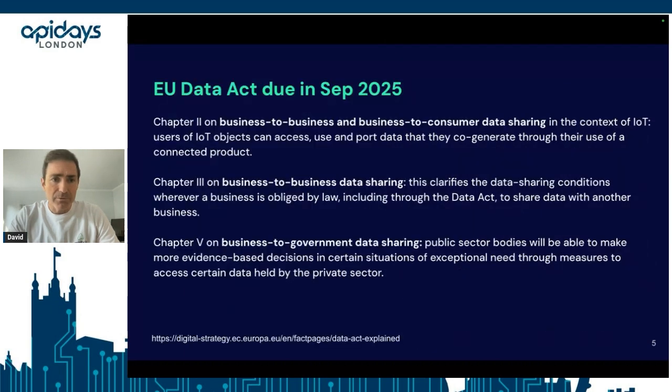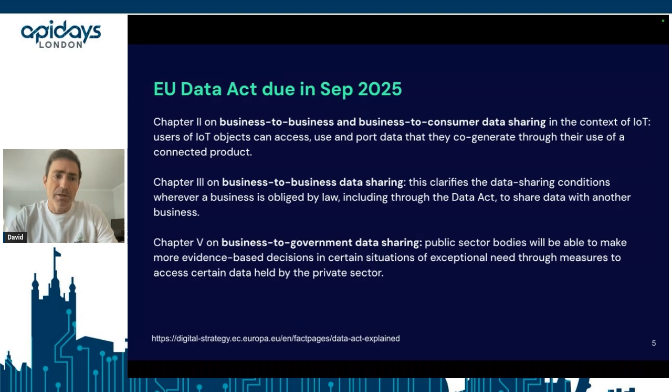One level down, because it's always interesting to see a little bit into the details, the EU Data Act is split in chapters. Chapter 2 addresses the relationship of businesses to users, and it says things like users can port data that they co-generate through the use of a connected product.